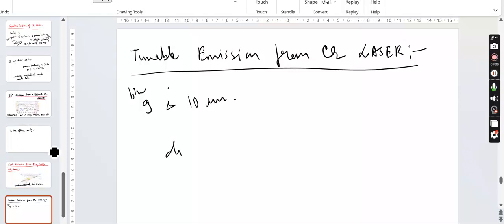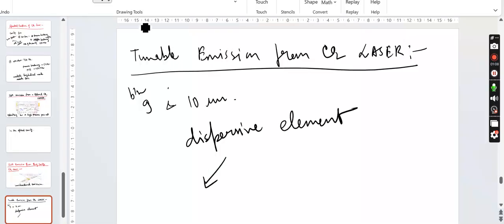So we need to use a dispersive element here. Dispersive elements can be of two types: prism and grating.